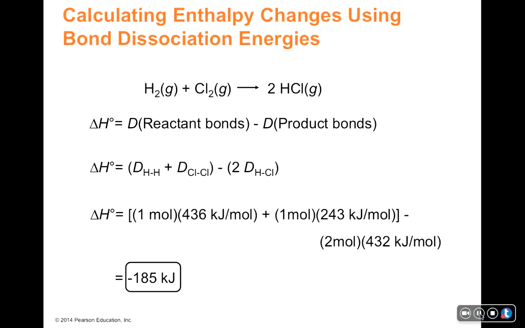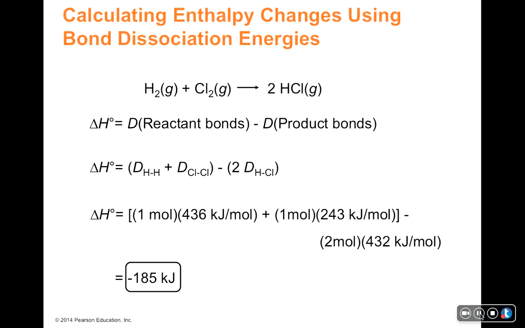So you're given the formula above, hydrogen gas and chlorine gas forming 2 moles of hydrochloric acid gas. And the way that you set these up is that the delta H of the reaction is equal to the sum of the bond dissociation energies for all of the reactant bonds minus the sum of the bond dissociation energies for the product bonds. And again, you need to make sure that you multiply through by any coefficients that you have in your balanced chemical equation.